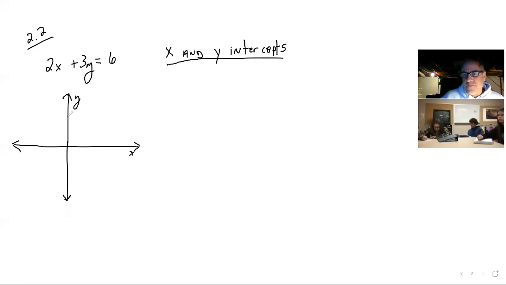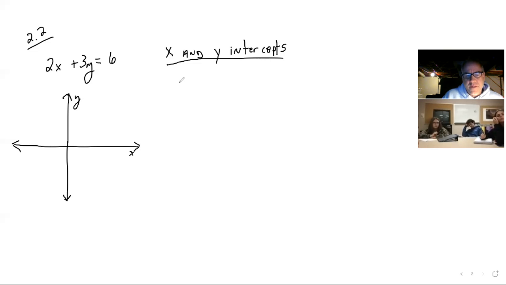We always want to identify all intercepts every time we sketch a graph or look at a graph. Now, any point on the x-axis is going to have a y-coordinate of 0. And likewise, any point on the y-axis is going to have an x-coordinate of 0.